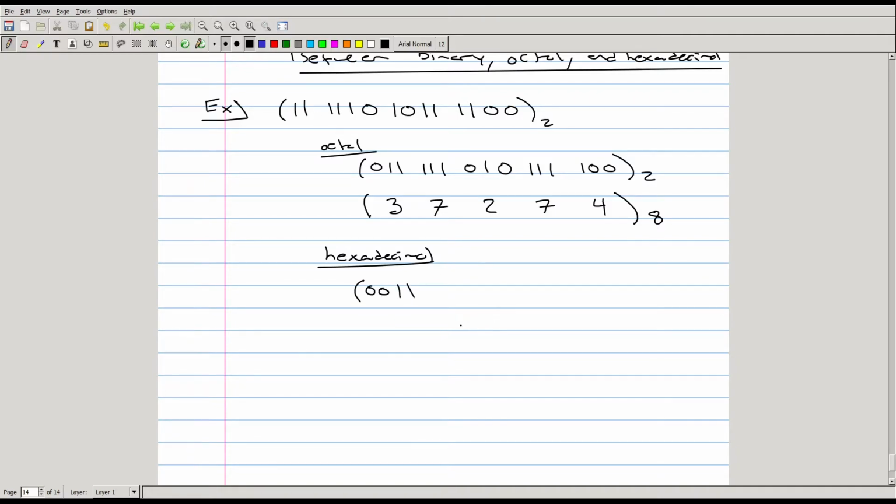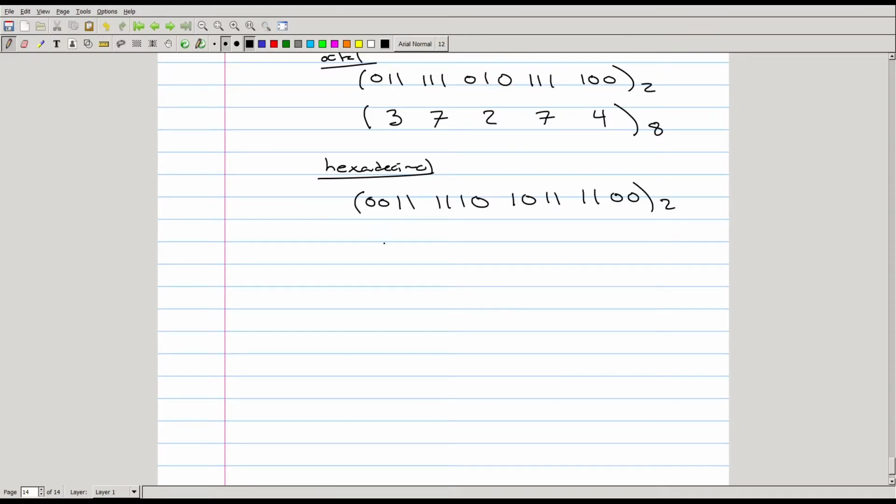This will be 0 1 1 1, 1 1 0 1, 0 1 1 1, 1 0 0, which is going to correspond to the hexadecimal number. This is 3, this is E, this is B, and this is C. So this is the hexadecimal number 3EBC, base 16.